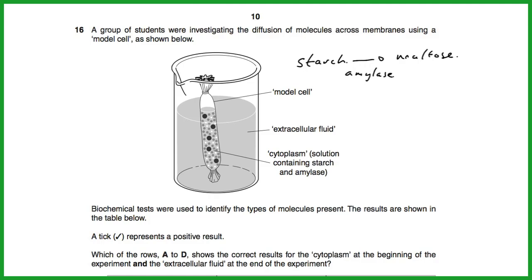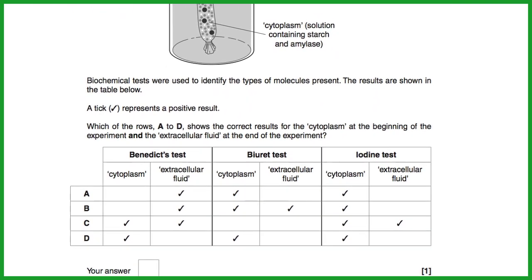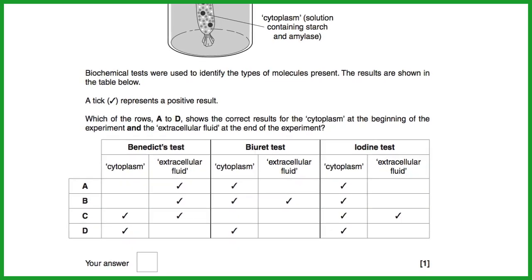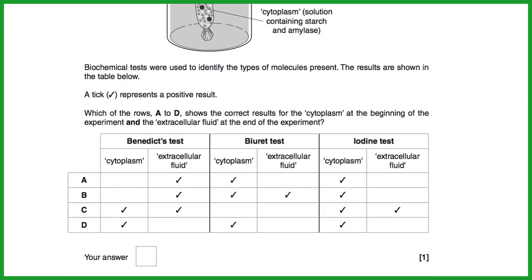So they then show you a table of the molecules that are present. So having a look at the first row, well, the Benedict's tests, they're comparing the correct results for the cytoplasm at the beginning and the extracellular fluid at the end.